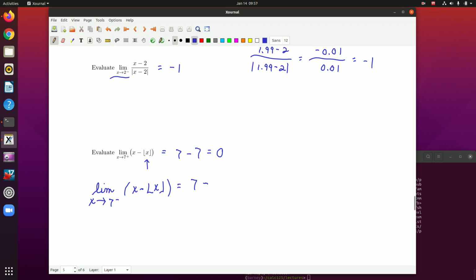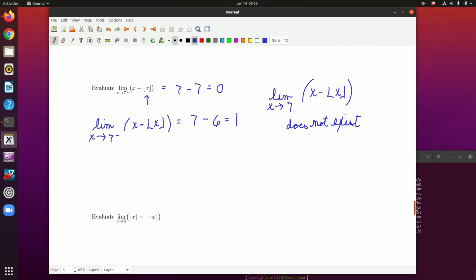So it's approaching 6. So we get 1. So once again, we would conclude that the limit as x approaches 7 of this particular function does not exist, because the two one-sided limits are not equal.